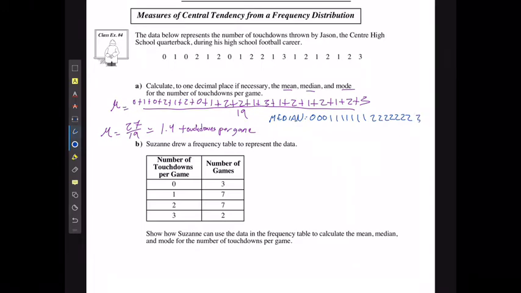And I have 1, 2 threes. If there was 19 games, then the middle number is going to be the 10th number. 1, 2, 3, 4, 5, 6, 7, 8, 9, and 10. And my median is 1.